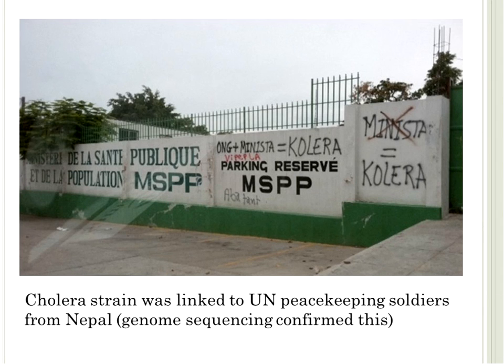So, there's been a lot of controversy about the role of the UN and whether or not the UN was responsible for introducing cholera. We know that the cholera strain was linked to UN peacekeeping soldiers from Nepal. There had been an outbreak in Nepal prior to the earthquake, and a lot of investigations took place.